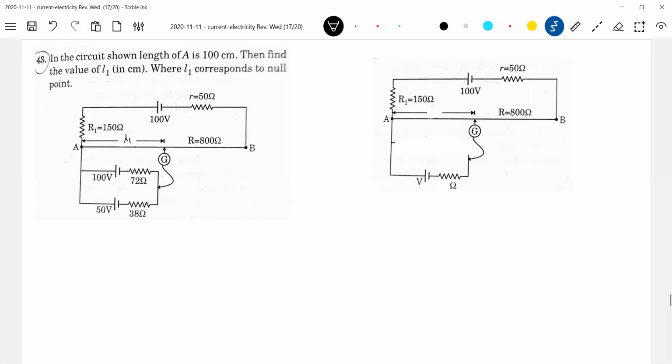This is L1. Can we use the grouping of cells concept? From that, E equivalent will be 100 by 72. So that is what E volt.